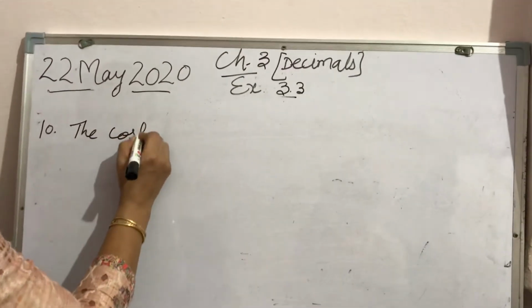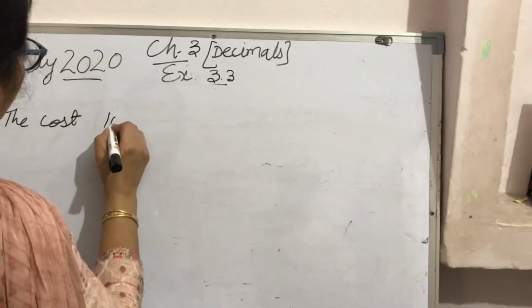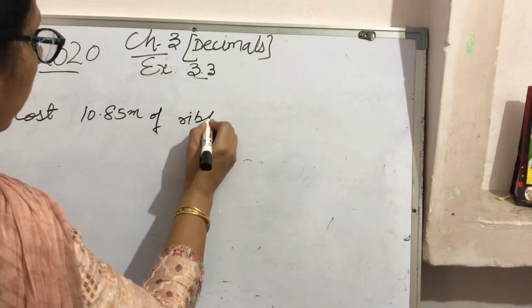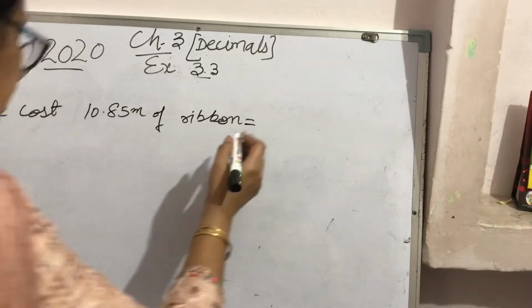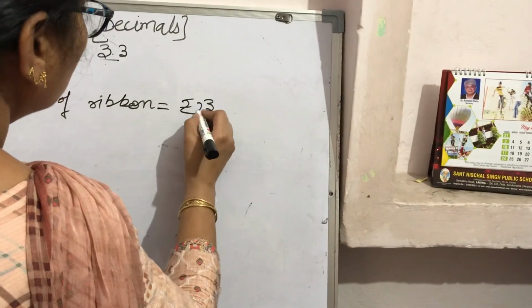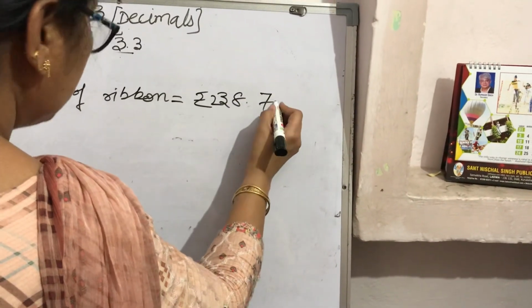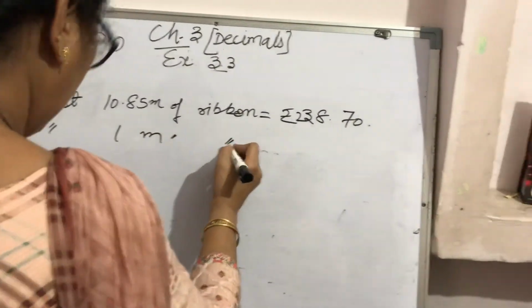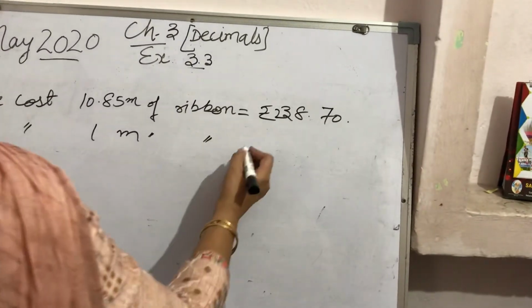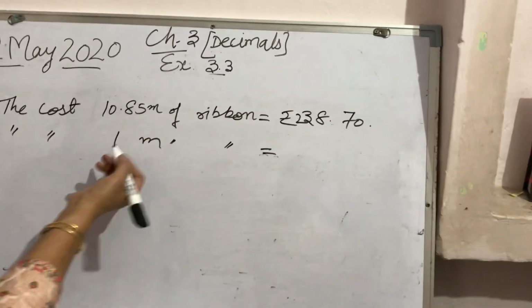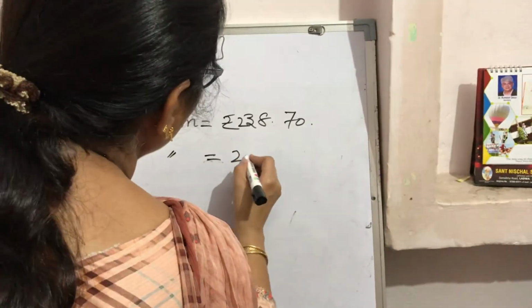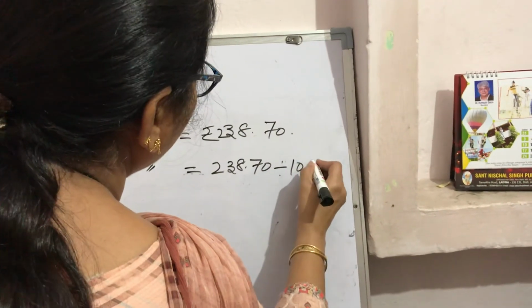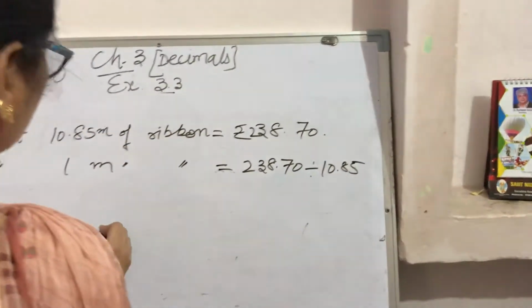For finding the cost of 1 meter, simple division: 238.70 divided by 10.85.